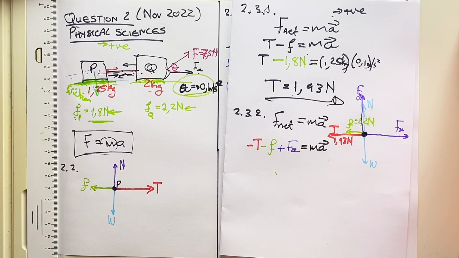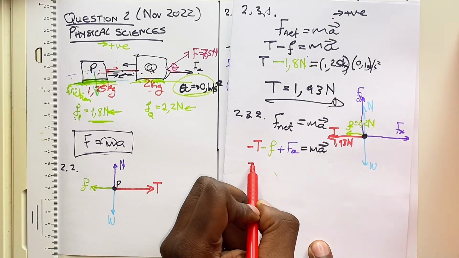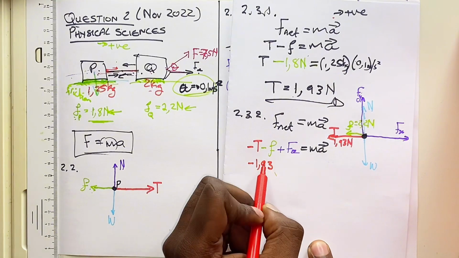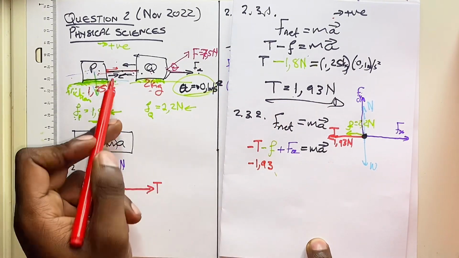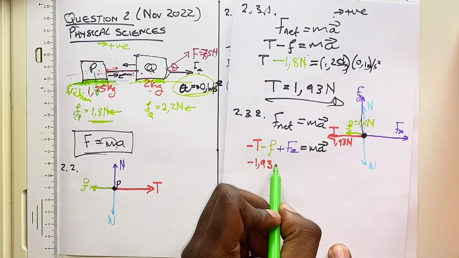Now we substitute the values. We know that tension is minus 1.93, because the tension on P is the tension on Q since it's the same string.